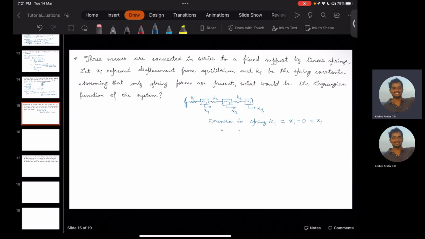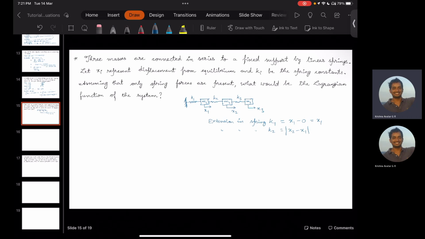And the extension in spring K2 is, here both the endpoints are undergoing displacement, right? So here we need to look at the net extension. I'll just call it x2 minus x1. Ideally, we should take the absolute value, because we are worried about just the extension.